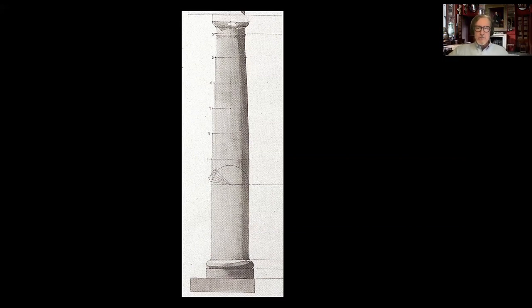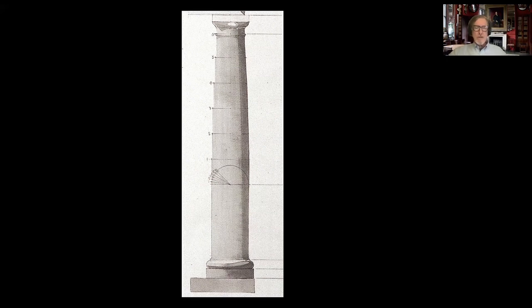And that curvature generally begins at 1/3 of the height of the column, as you can see in this illustration. The lower third is cylindrical and doesn't taper, but the top 2/3 does.